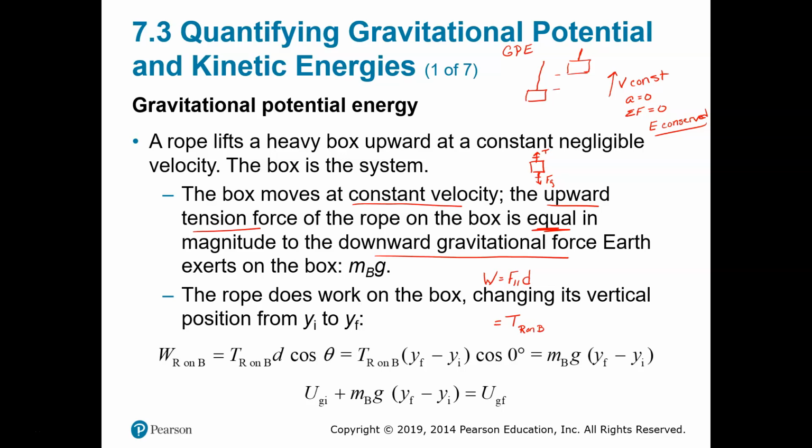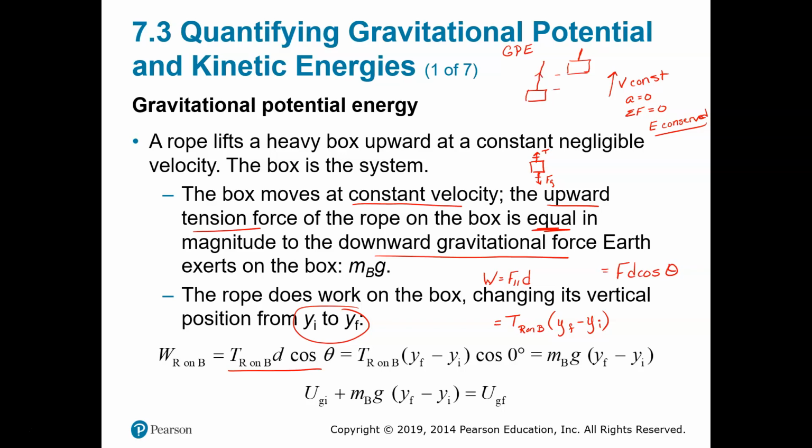Okay, what is our displacement? Well, it's going to be some d, which is going to be, looking here, y final minus y initial. Now, here you may see that they used the version of this equation which is force times distance times cosine theta, using the dot product definition. My tension is up.